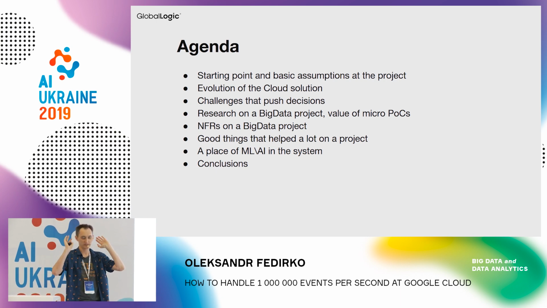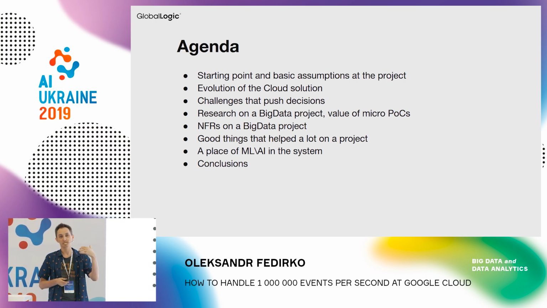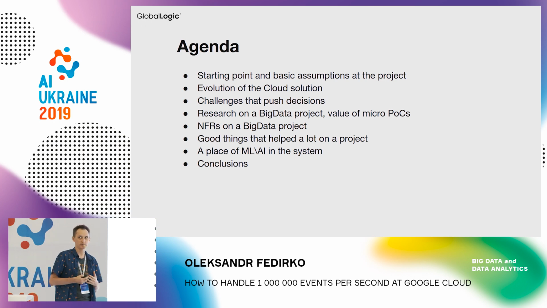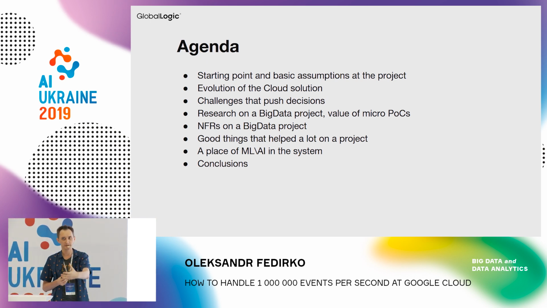Let's quickly go through the agenda. I'm going to show you how I jumped into this project. It was not from the very beginning for me; I was in the middle of this project. Then what we started with, then how we changed our project and how this solution transformed. Then I would like to focus on some small but very important things, like non-functional requirements.